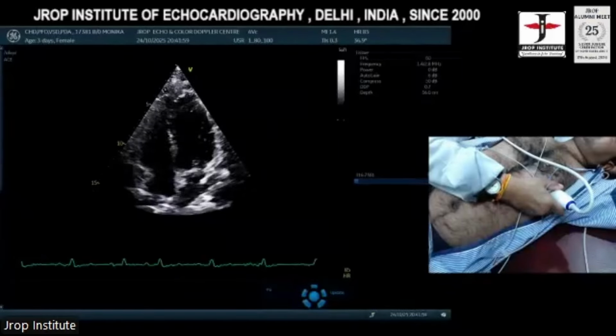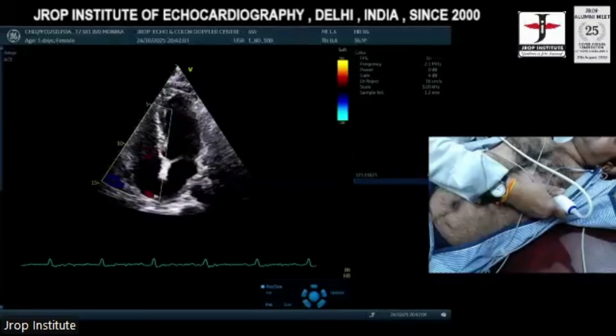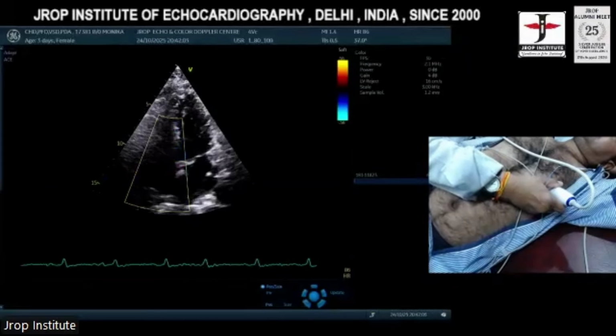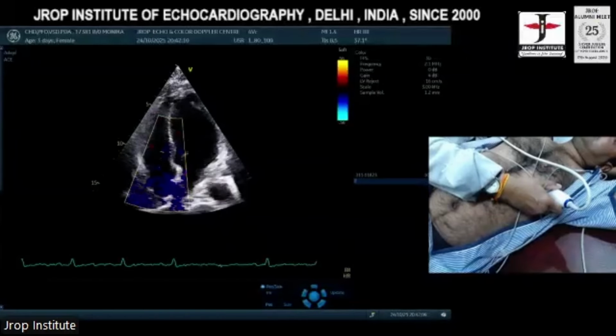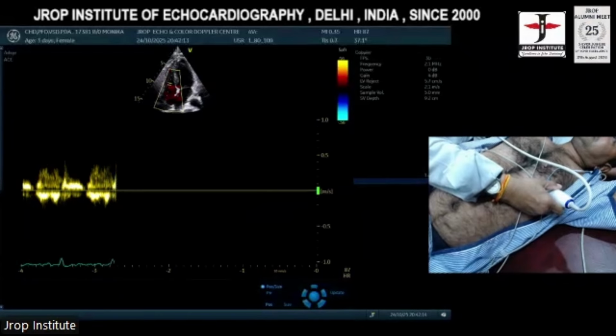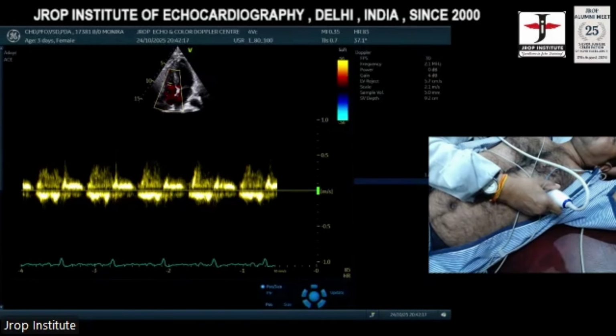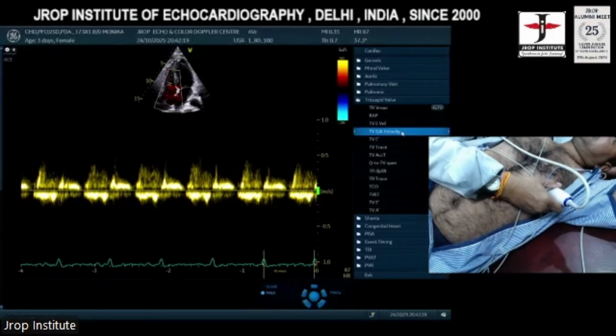So I'm in focused tricuspid view, third window. So this was third window. Focused RV view is the fourth window. And I keep my sample volume always distal to the tip of the leaflets. This is tricuspid flow. I can measure this tricuspid flow.